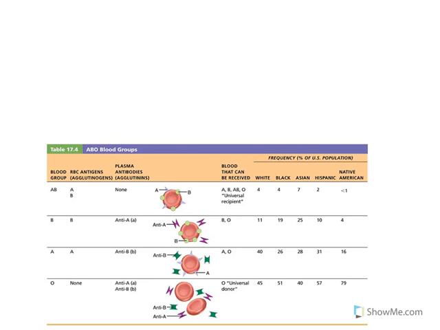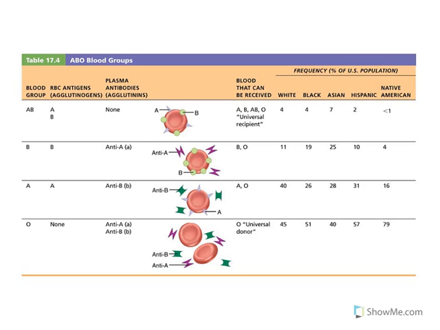So if we look at this picture, we see that the antigens, which are found over here on the left side, are important. So for, say, blood type A, you have these kind of triangle-shaped antigens.